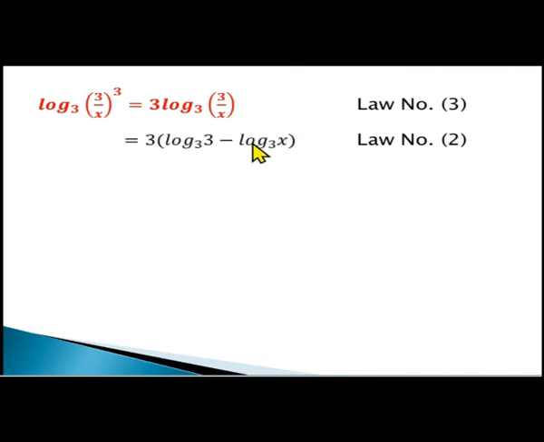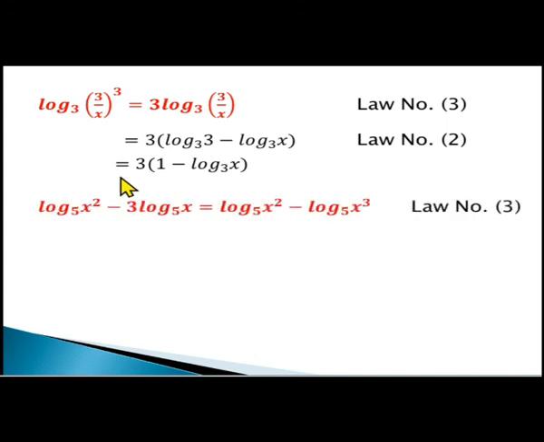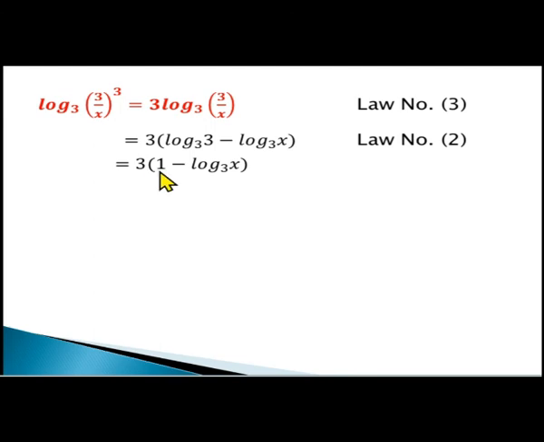So this becomes 3 times the quantity logarithm 3 with base 3 from our numerator, minus, because we are having division, the logarithm of x with base 3 from our denominator. Simplifying, class, the logarithm of 3 with base 3 is equal to 1. Therefore, we have 3 times the quantity 1 minus the logarithm of x with base 3.